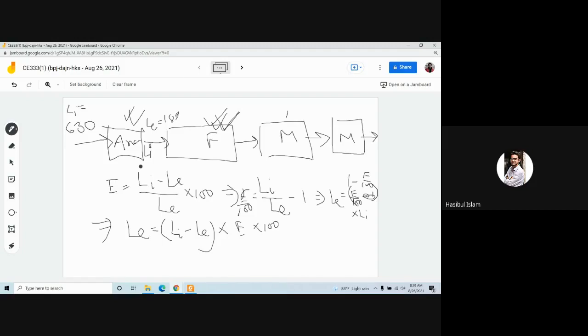So 189. I already told you this is 189. How would it be 630 here? 630 has already been treated by anaerobic pond. So no way it will be 630 again. This is the flow, 189.